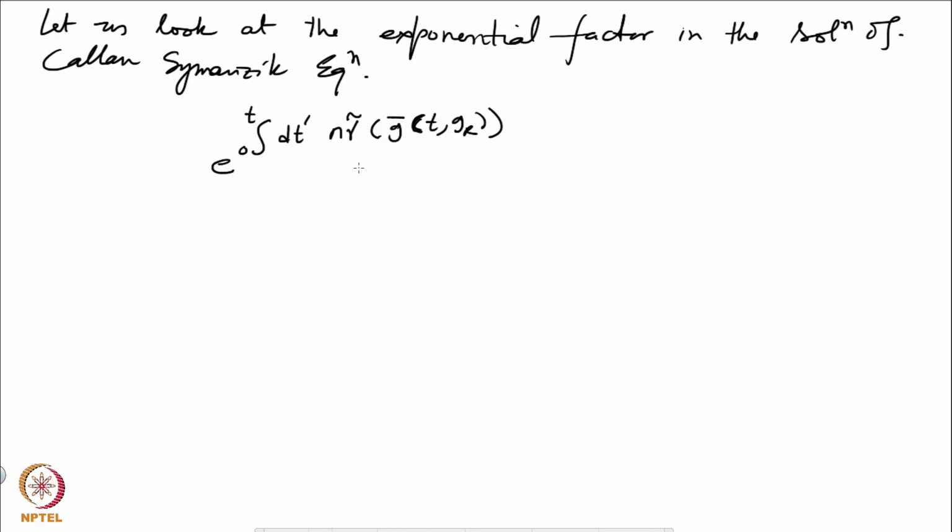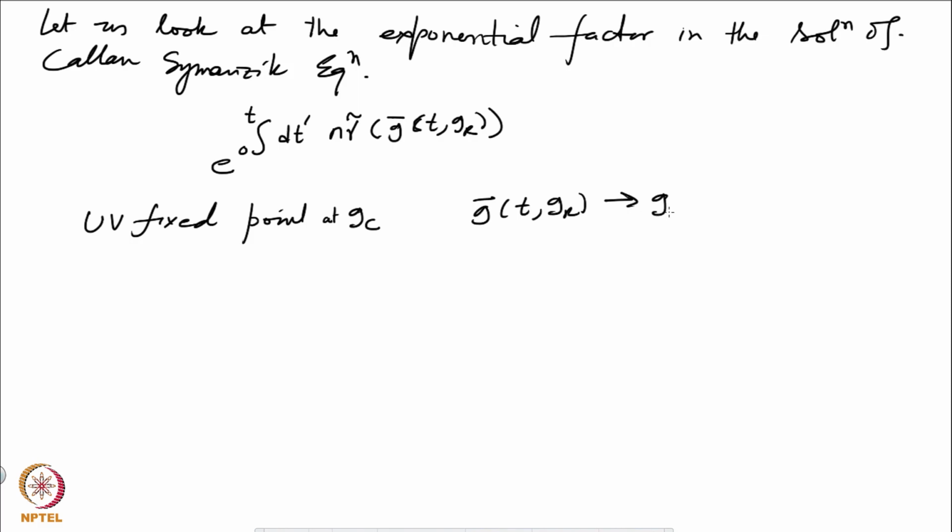So when the theory has an ultraviolet fixed point at g_c, that is, g bar of t, g_R goes to g_c.